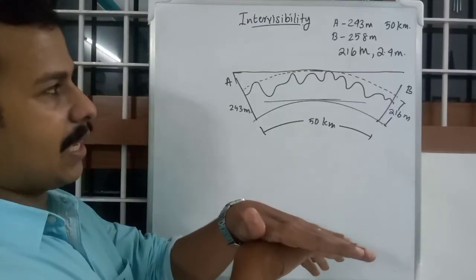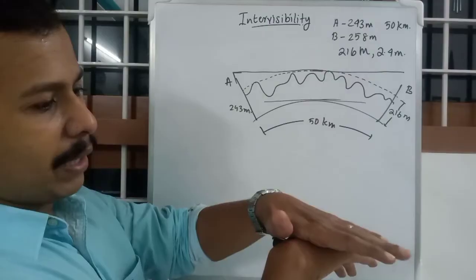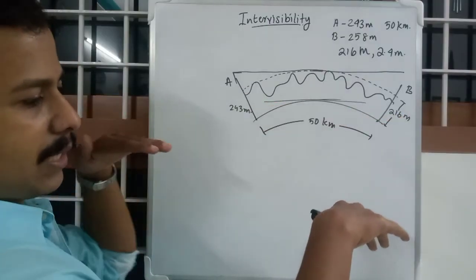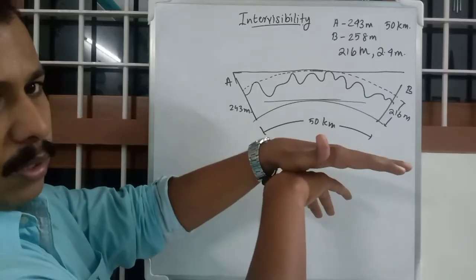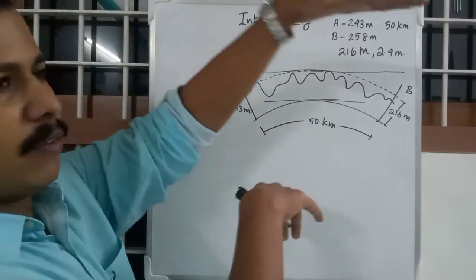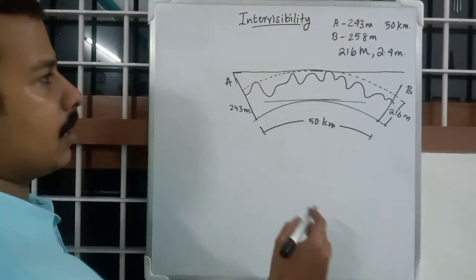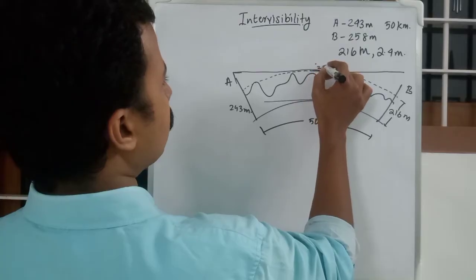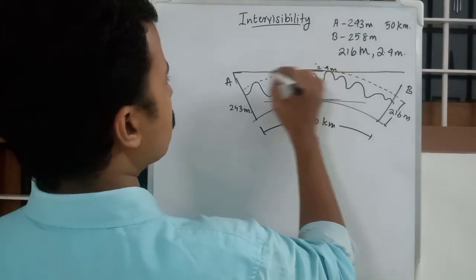But in this case, you are asked to keep a clearance of 2.4 meters. The line of sight shouldn't graze the ground, no tangent; it should clear it by 2.4 meters like this. So there is another point, 2.4 meters offset.